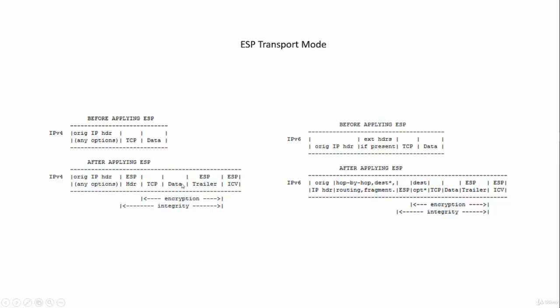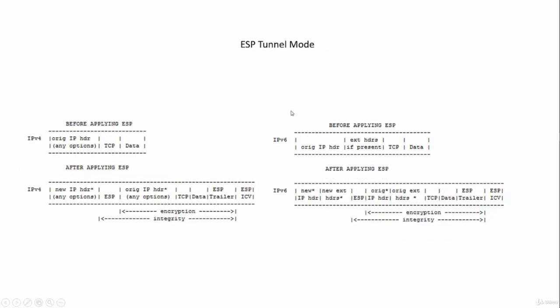And at the end you have the ICV, which is the integrity. This is transport mode. And in tunnel mode, the IP addresses change to the IP addresses of the source and destination gateways. And the original packet is actually the payload that gets encrypted and sent on to the other side.